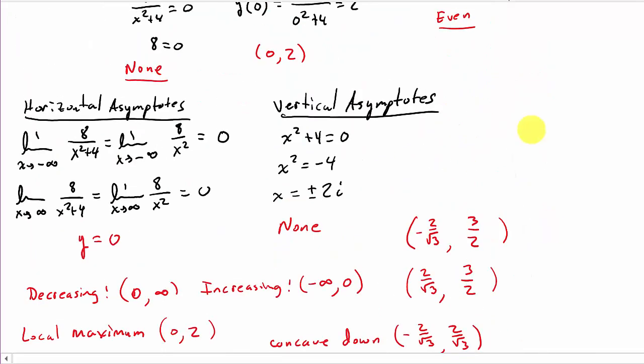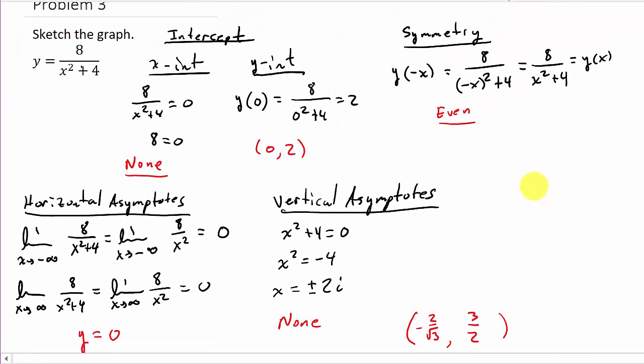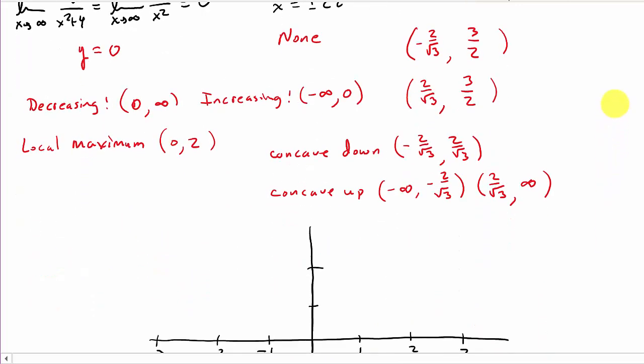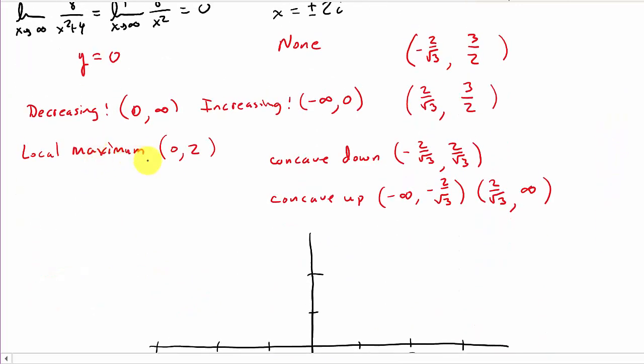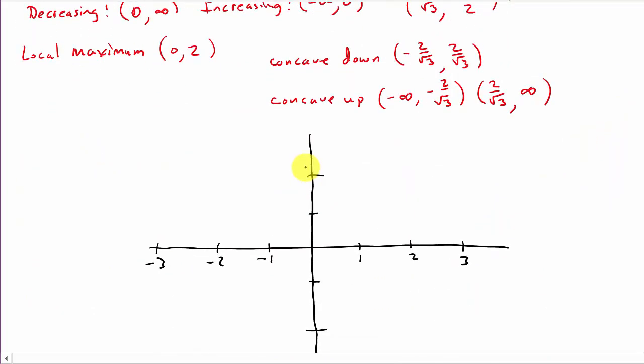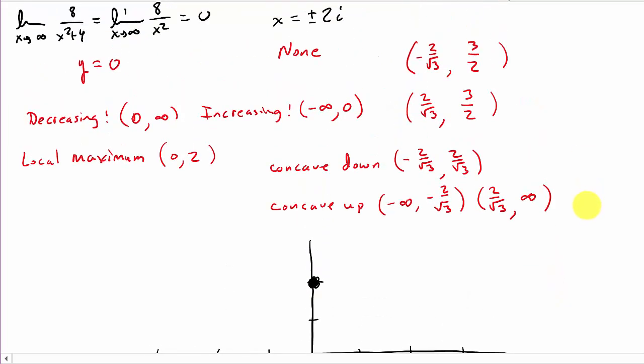So we'll come back up here. We've got our x and y intercept. So you can see we've got a y-intercept of 0, 2. And if you come down here, you can also see that's a local maximum. So let's plot the point 0, 2. Okay. And then let's plot our inflection points.